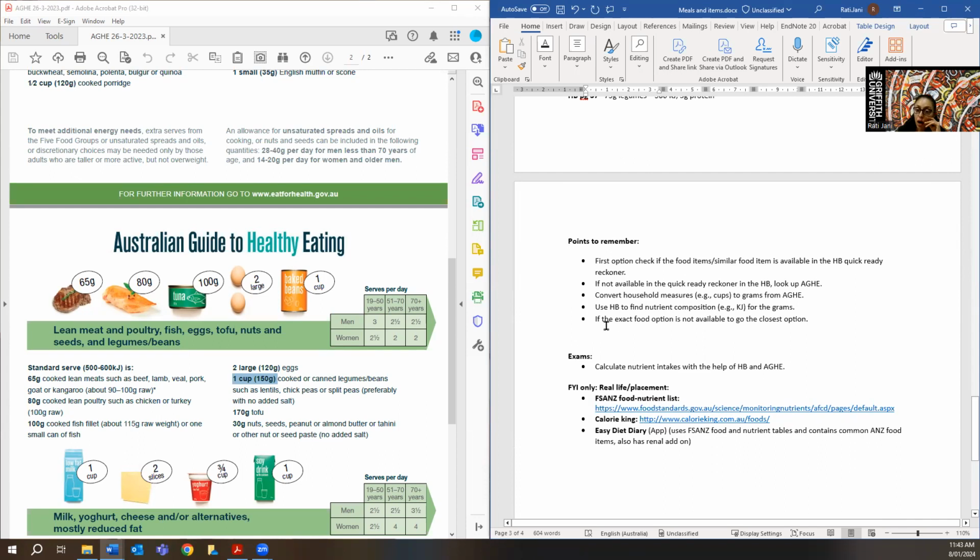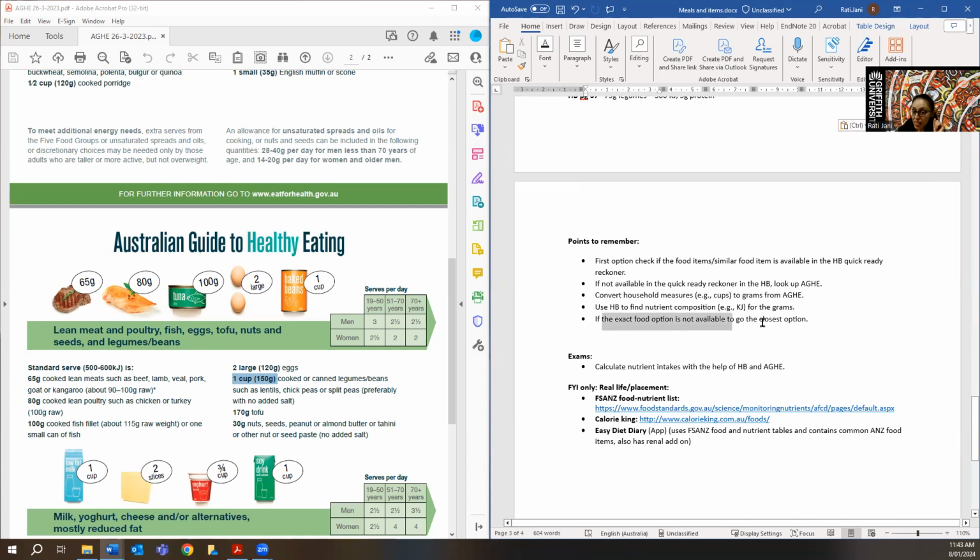Okay. The handbook is used to find your nutrients: the quick ready reckoner to make it easy for you, and the detailed ready reckoner when the food items are not present in the quick ready reckoner. Discretionary foods are not present in the quick ready reckoner, except, as I said, for the extras: fat, oil, and sugar.